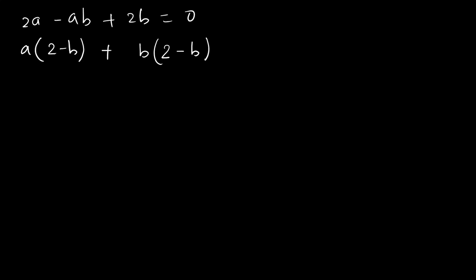or let's try to get some common term. So we will factorize it. So 2 minus b, we can have 2 common and then we will have b. If we do, we have minus 4, so we will add 4.